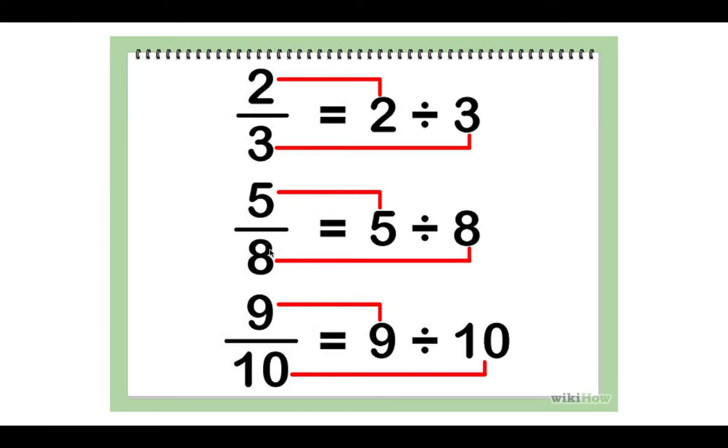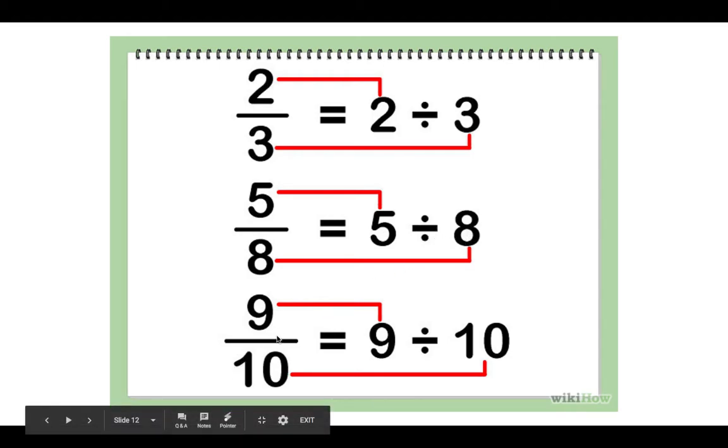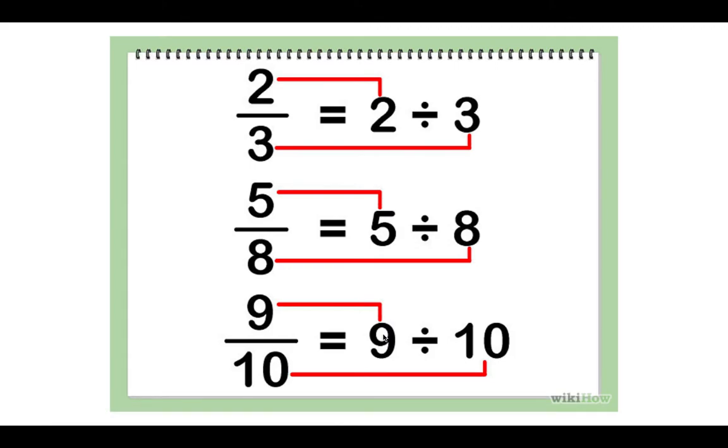If we have 5/8 as the fraction, it is the same thing as 5 divided by 8. And same thing with 9 out of 10, or 9/10. It is also 9 divided by 10. So the top number is the first number when you divide. The bottom number is the second number when you divide. Just something to be aware of as you move forward in case you have any questions that ask you about that.